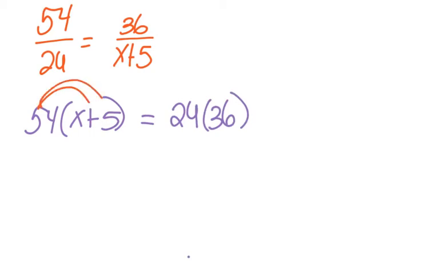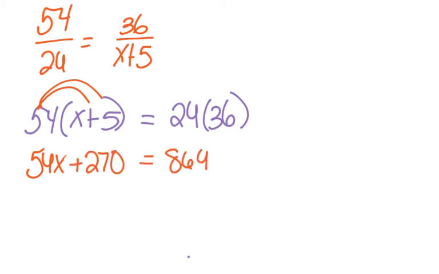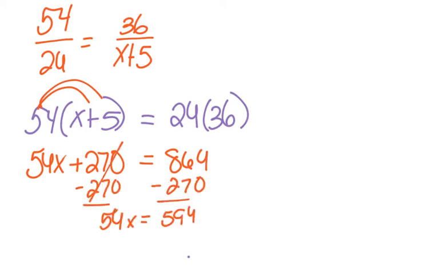I'll distribute the 54, and we'll get 54x plus 270. Let's go ahead and subtract 270 from both sides, and we'll get 594, and we'll divide by 54 and get 11. Once we solve for x, we are done with this problem.